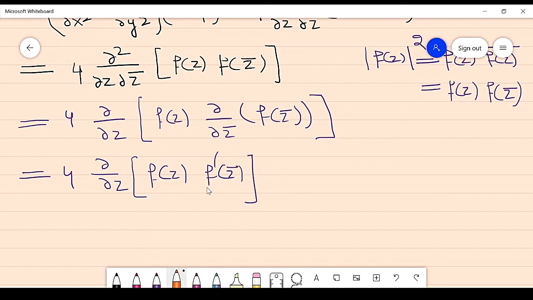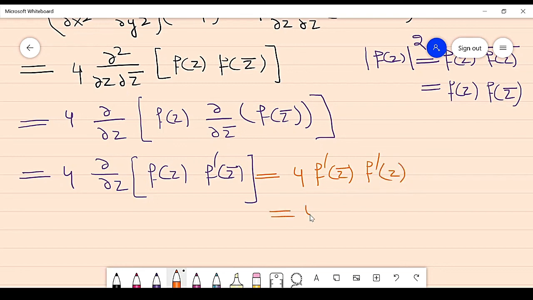Now this is independent of z, so this is 4 times f dash z and f dash z conjugate.